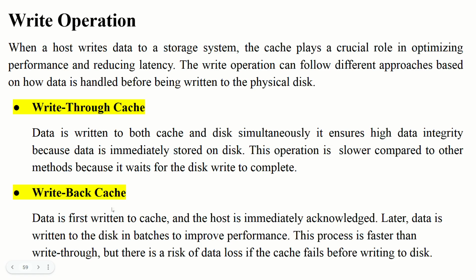Now what about write back cache? Write back cache is where the data is written first in the cache, but in the case of the physical disk, which means our permanent storage, it is written later. The data can be stored very fast, but if something happens to my cache, the entire data will get lost.